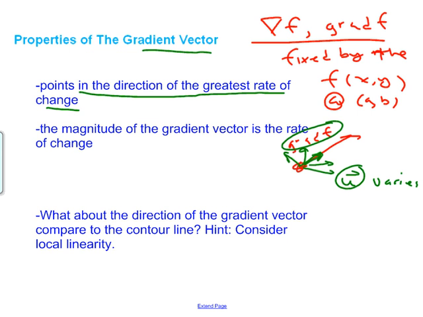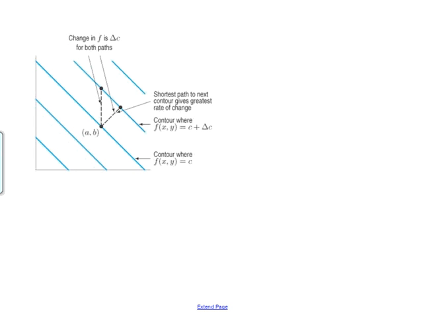And so what would this look like on a contour line diagram? So let's think about that. Here we have a contour diagram, and imagine that I'm at the point (a, b), and I want to go from this contour line C to my next contour line, some change in C. And what would be the fastest way for me to have that change?